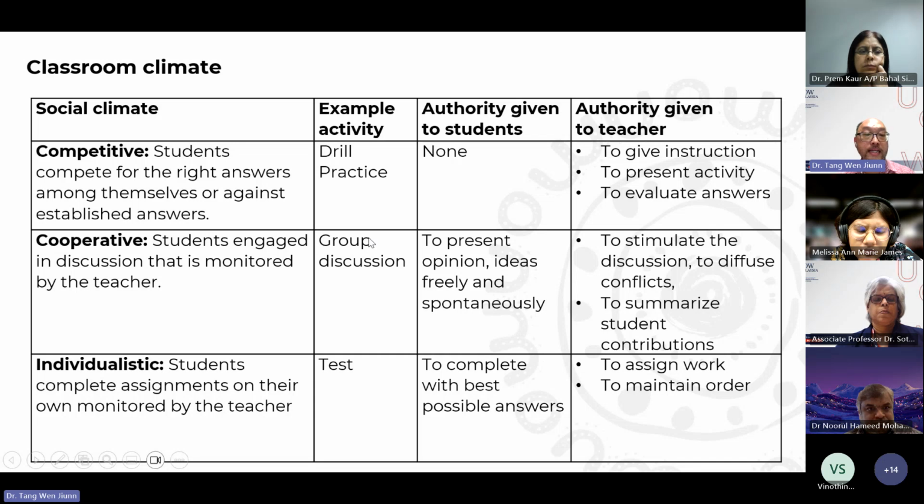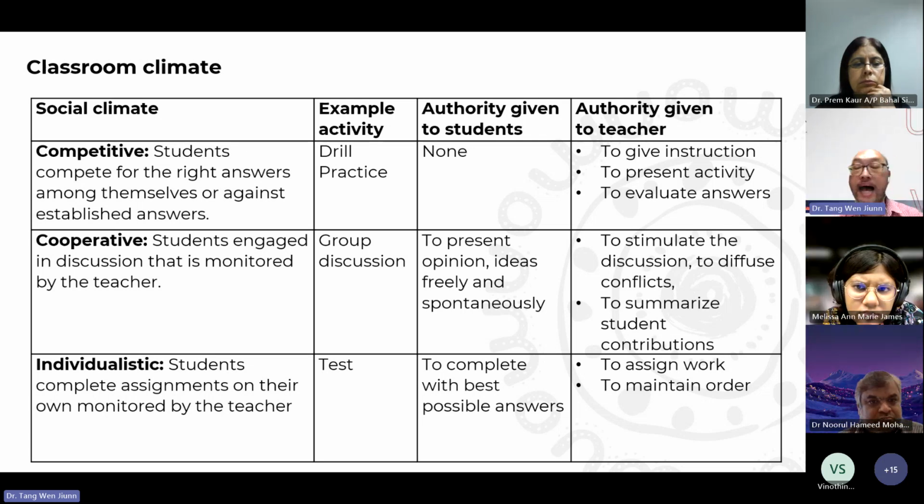And then the second one is cooperative. This is where the students form groups and have group discussion. In these situations, the students are given authority to present their opinions and ideas freely and spontaneously.